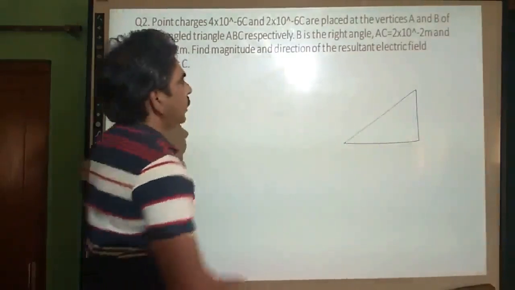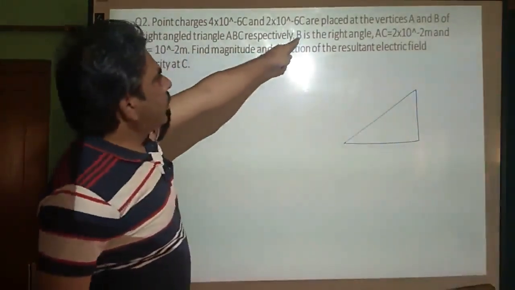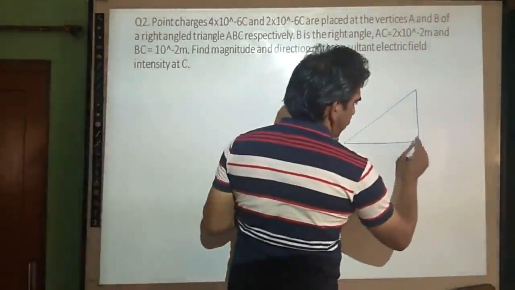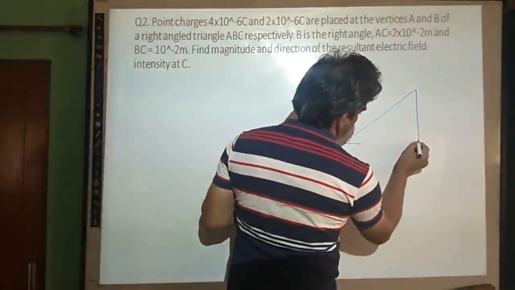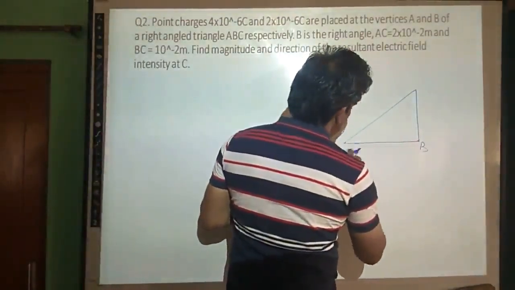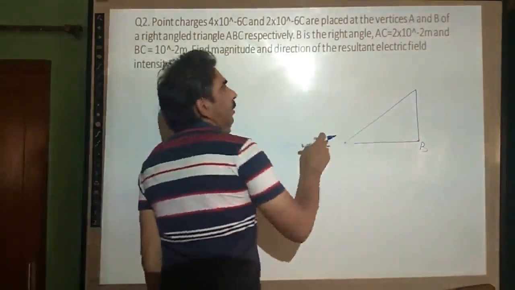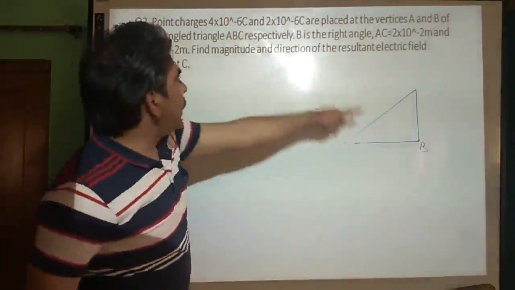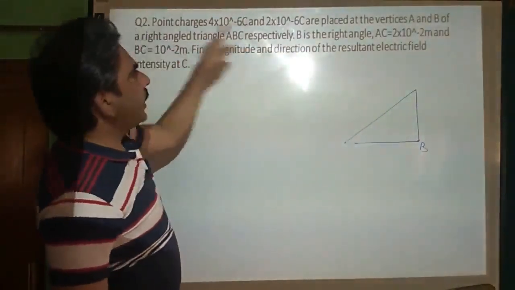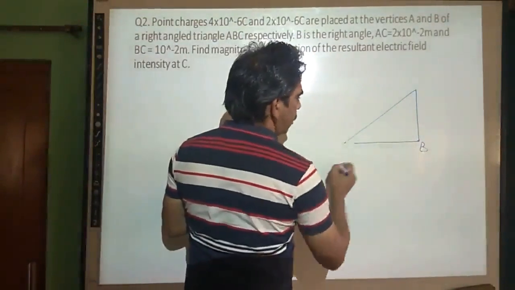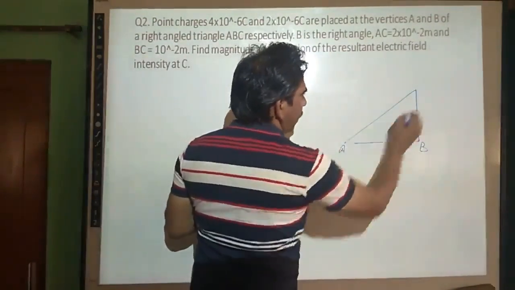Let us read the further situation. B is the right angle. So here is B. And because B is the right angle, the point charges are lying at A and B. So it is B here, let it be A here, and this is C here.